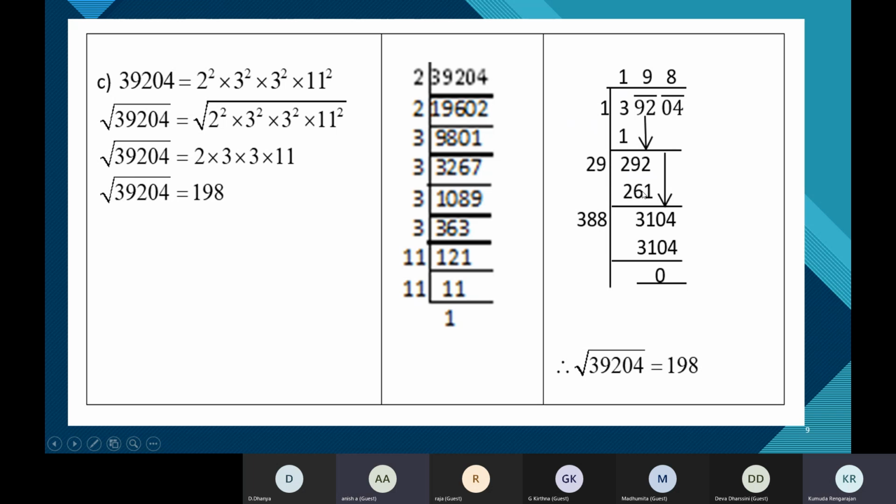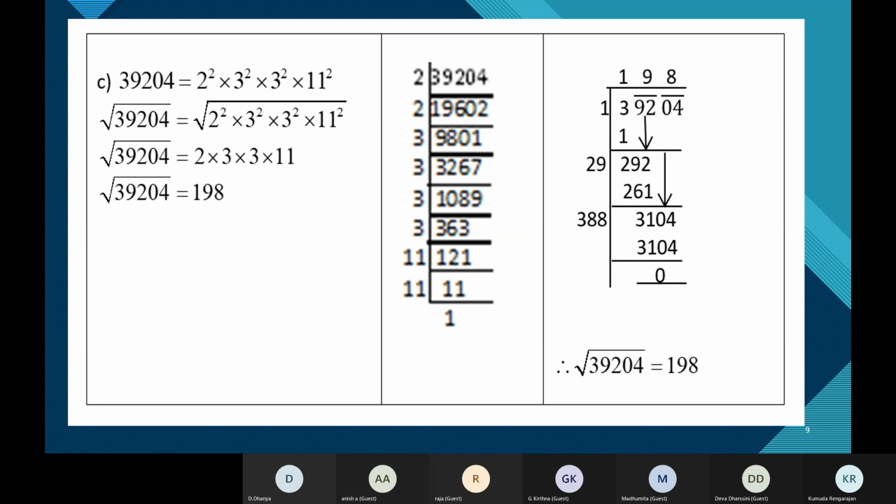Then we should subtract both the numbers. So we get 31. Then at the quotient, we just have to multiply it with 2. What do we have in the quotient at this point? We have 19. So multiply 19 by 2.